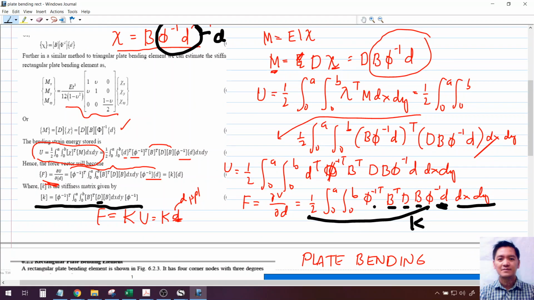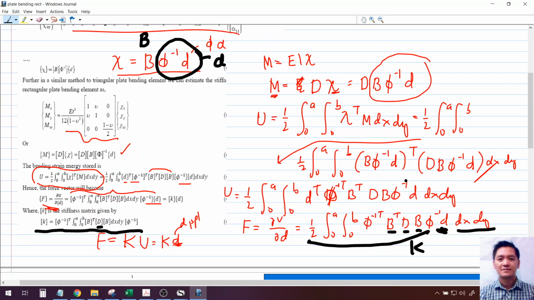So, pwede mo tong i-out, kaya nilabas siya dito. Lalabas mo din to. D constant na yan kasi given ang elasticity, ang Poisson ratio. Kaya B na lang yung natitira mong kailangang i-integrate. Okay? So, ganun ang plate bending.